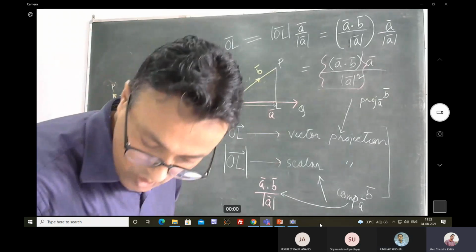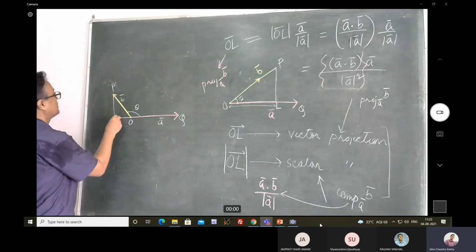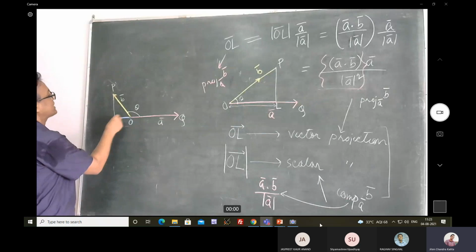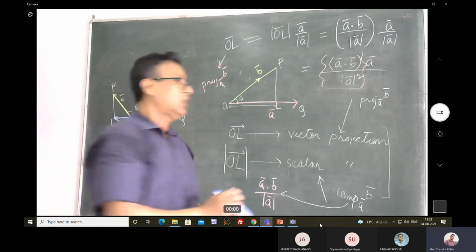So that means this length I will consider for my scalar and vector projection. Is it okay? Fine.